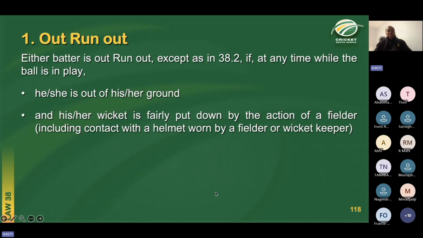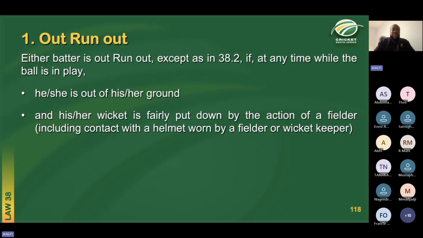That's very important. There needs to be intervention by a member of the fielding side to affect a run out. And this action by a fielder can include contact with a helmet worn by a fielder or a wicketkeeper.